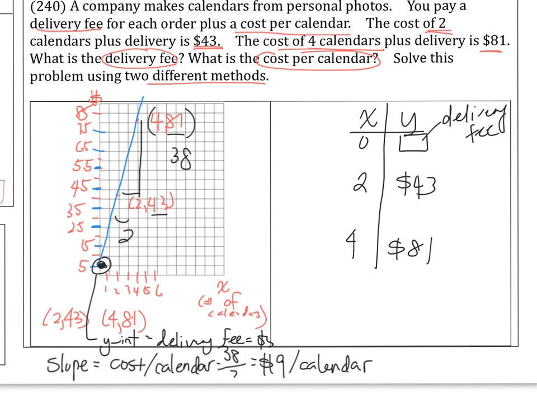Okay, so between 0 and 2, there's 2 units. Between 2 and 4, there's also 2 units. Between 43 and 81, we have 38 units. So we can assume that between the delivery fee and $43, it's also 38.